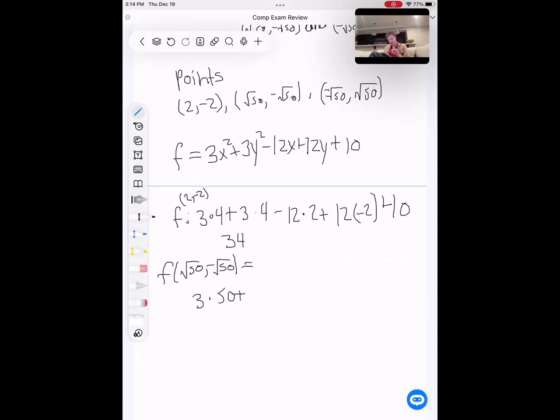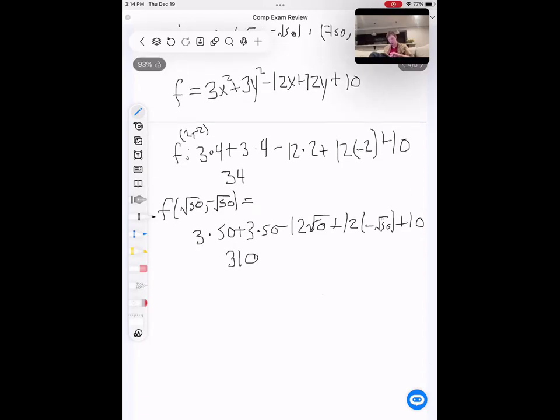Plus 3 times 50, right? And then minus 12 times root 50 plus 12 times negative root 50. Again, those are going to cancel, right? Plus 10. Okay. So that is just going to be 3 times 50, which is 150. So 310.